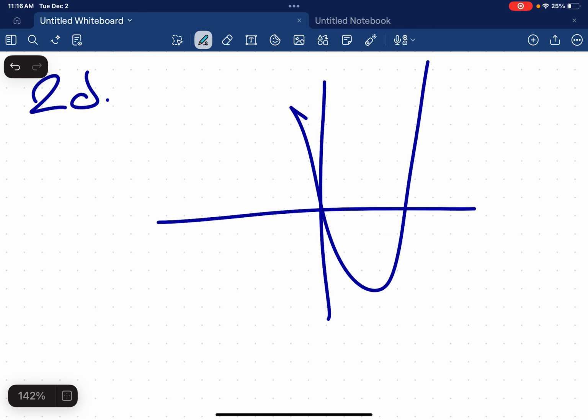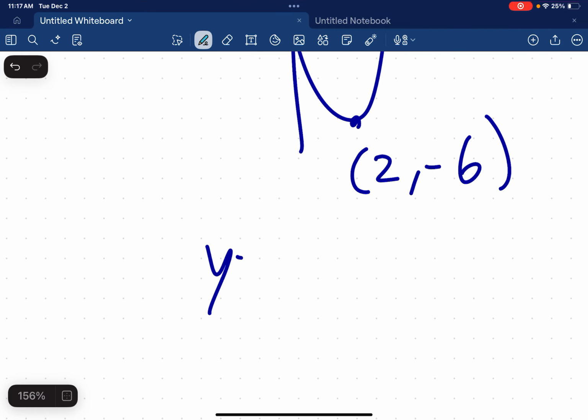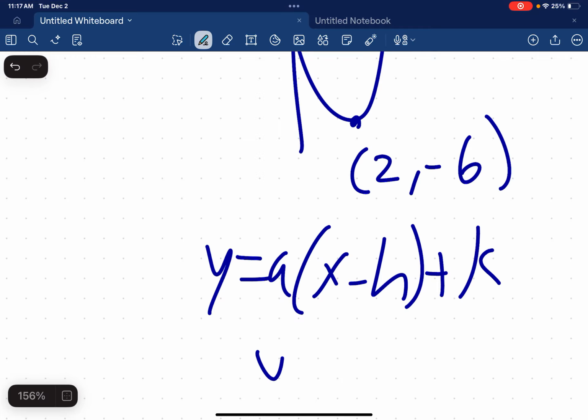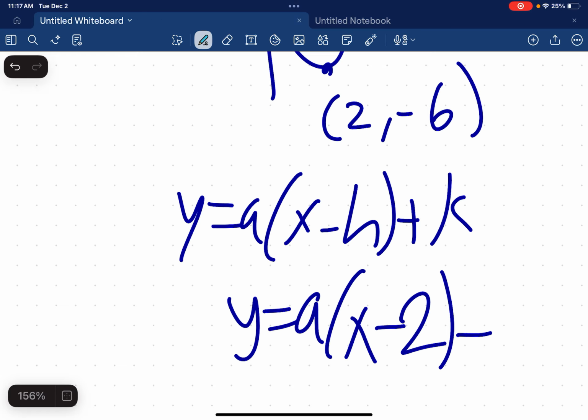Okay, this is another positive function. This time it gives us 2 points only. It's going to be (4, 6), and it gives us our vertex, so that already tells me that this is going to be best written in vertex form. Remember our vertex form equation, where h is our x value and k is our y value.